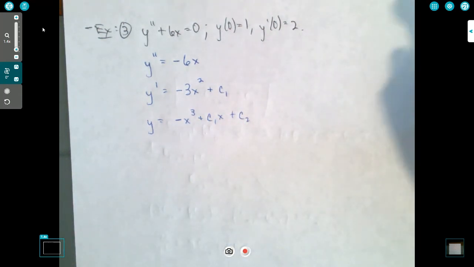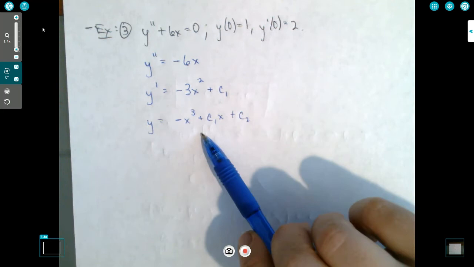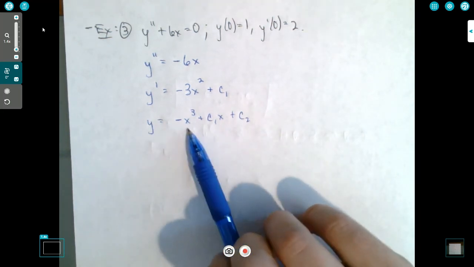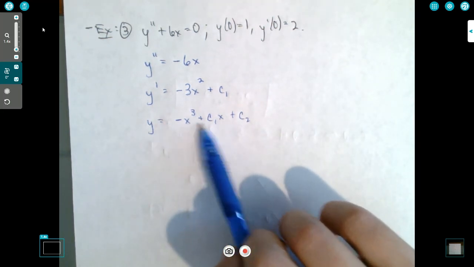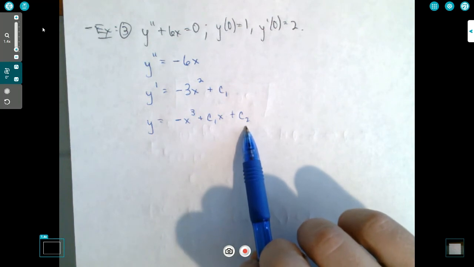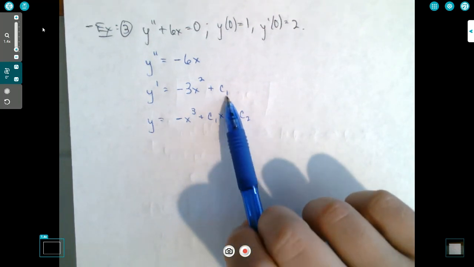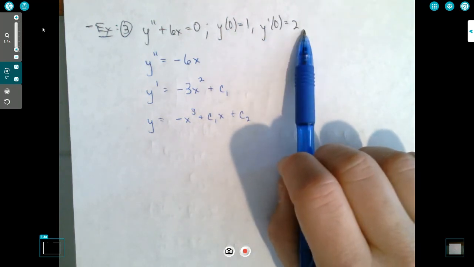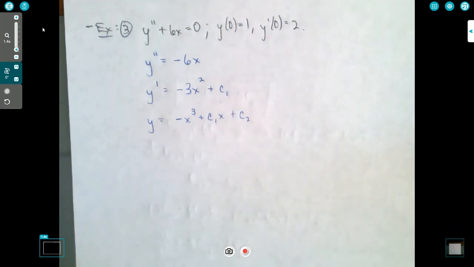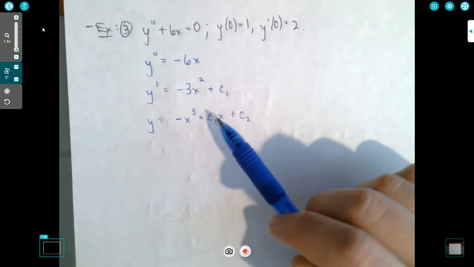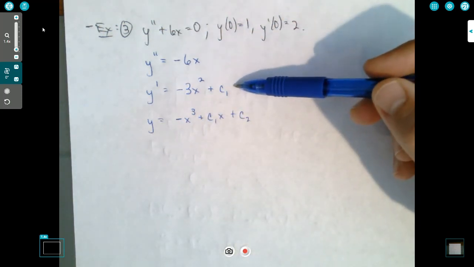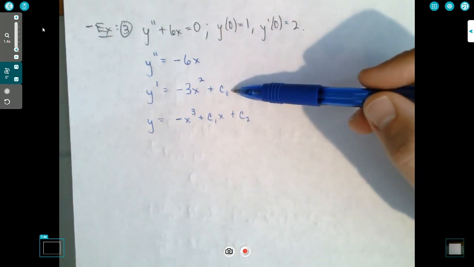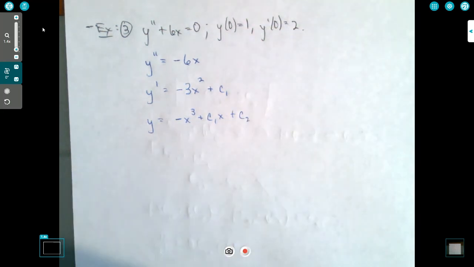So we're told that y of 0 equals 1. If I plug in 0 here, well, actually, I could have solved for C2, so that's not terrible. I was going to say we're better off solving for C1 first, but in this case, it doesn't really matter. I'm still going to do it the way that I intended, and I'm going to plug in 0 to y prime first, because that'll give me C1.